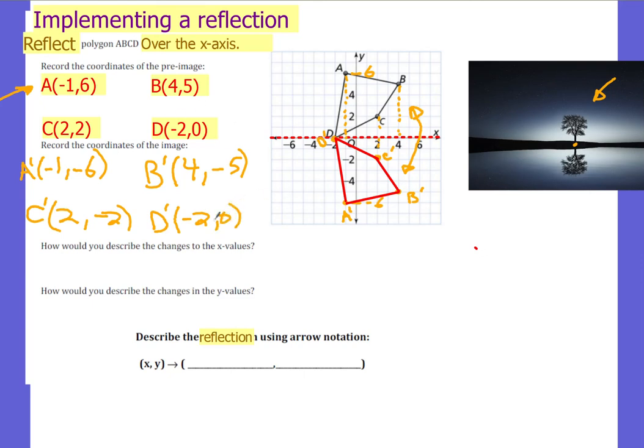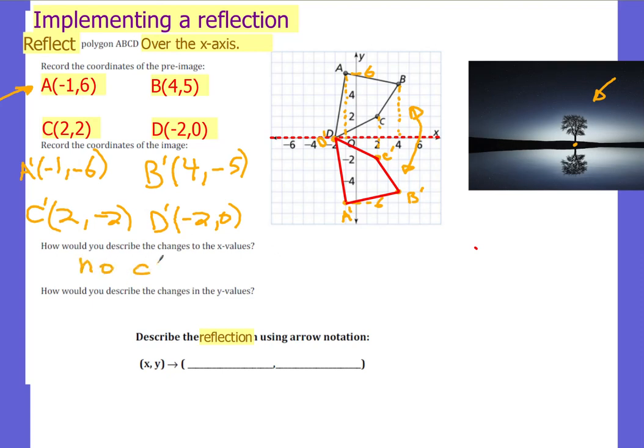That one didn't change. And so if we describe the changes in the x, you'll notice A was at -1, A prime was at -1 for the x coordinate, B was at 4, B prime was at 4, C was at 2, C prime was at 2, D was at -2, and D prime was at -2.